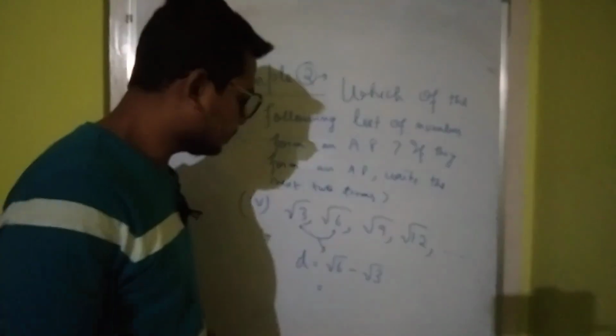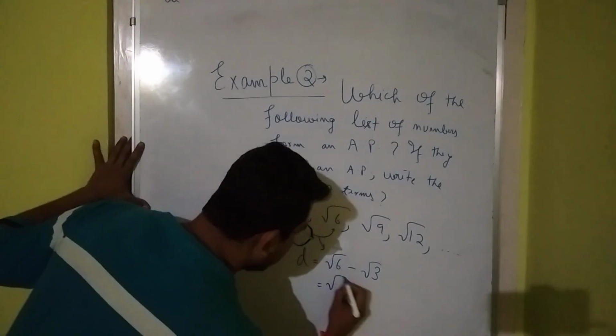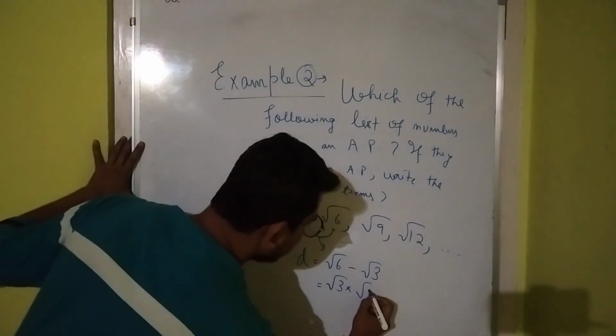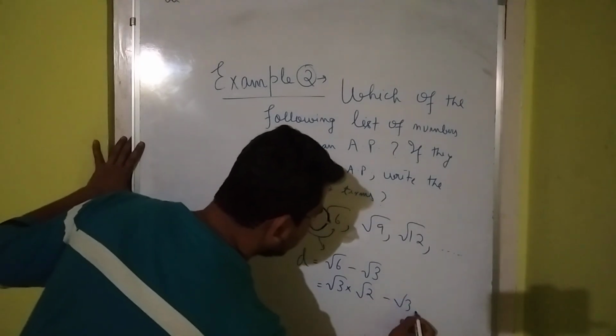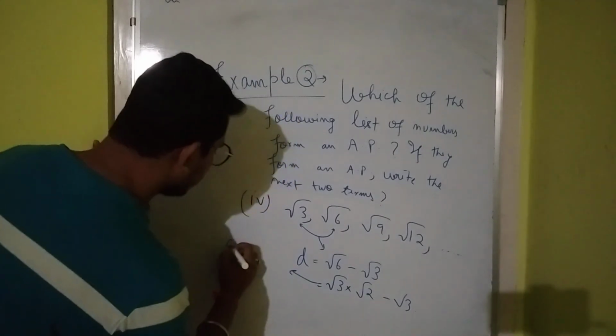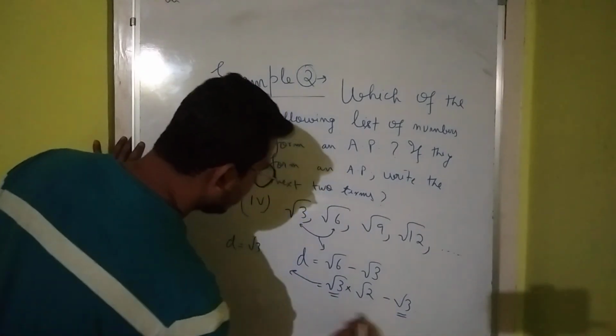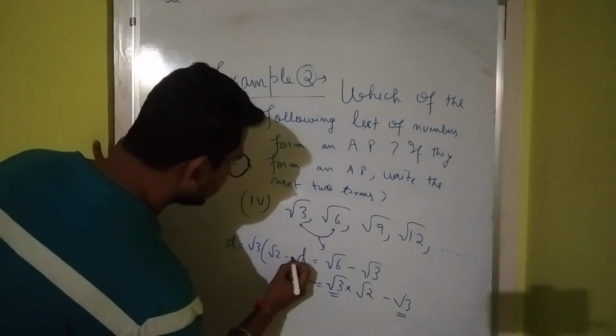तो यहाँ पे देखो, can we do some calculations here? Of course we can, because √6 is nothing but √3 into √2, isn't it? So this common difference becomes, so this thing is common, so it will be √2 minus 1.